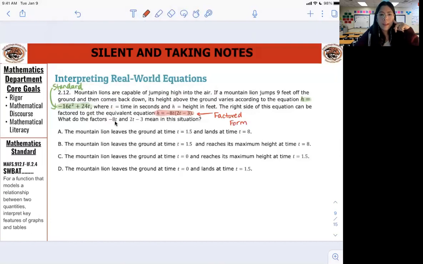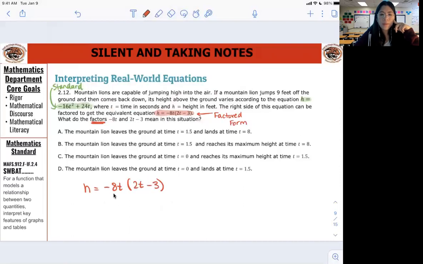Okay. And then it's asking me, what do these two factors mean? They kind of gave it away. They said, okay, these are factors. What do negative 8t and 2t minus 3 mean in this situation? So I'm going to rewrite this equation down here. And let's just remember what factored form actually does.